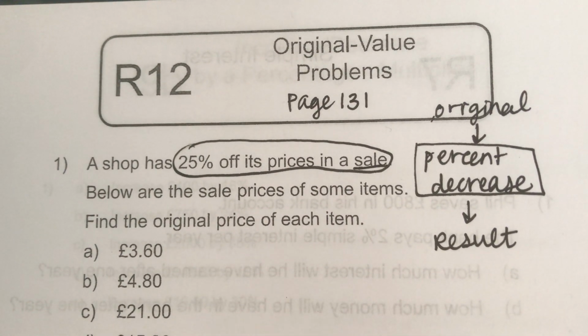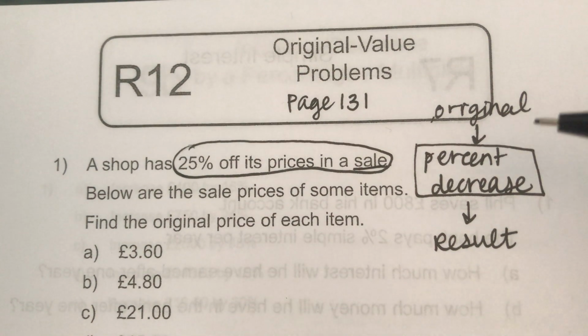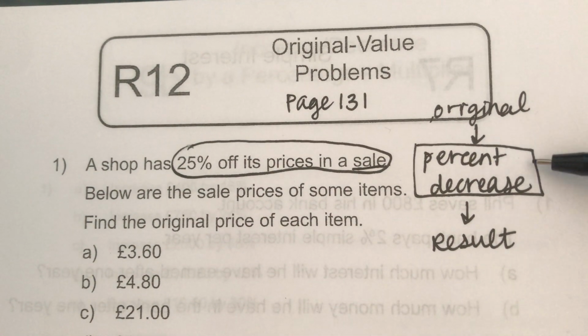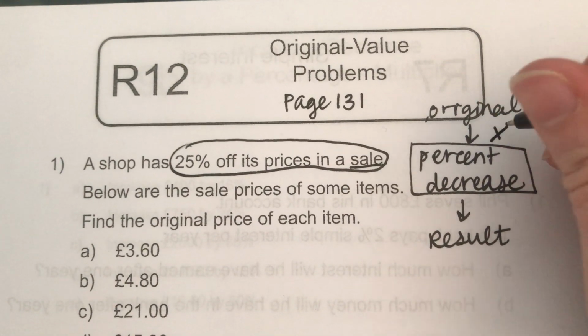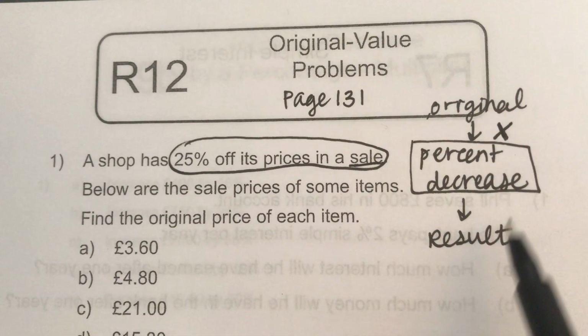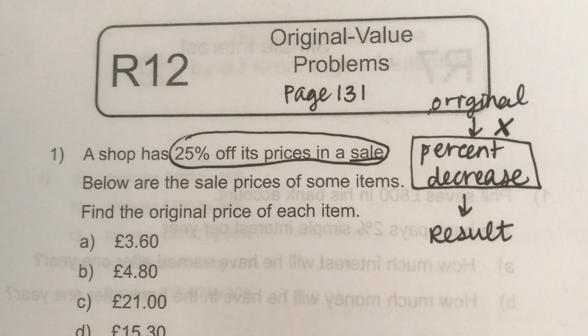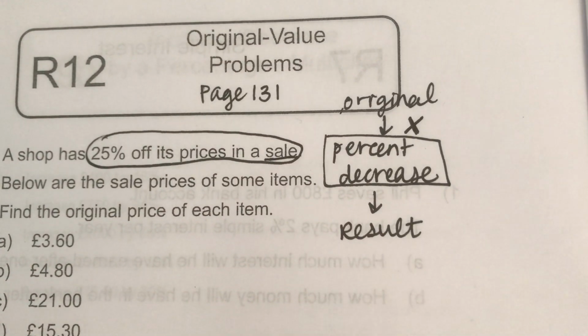All right, so let's think about what we normally would have done. We normally would have taken the original, applied some percent decrease by multiplying by some value, and then we would have found our end result. If I'm going backwards, backwards means opposite.